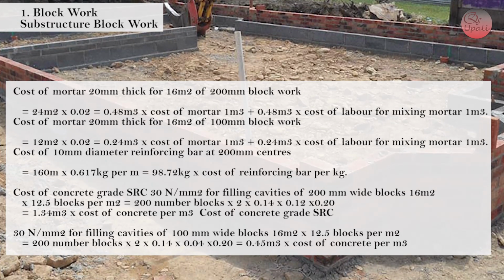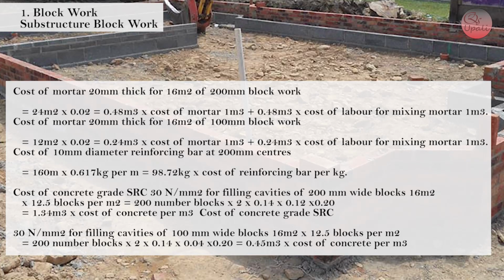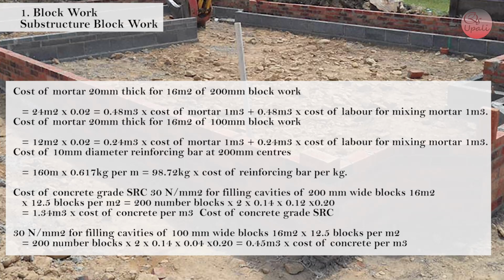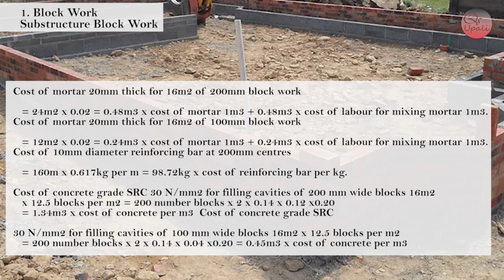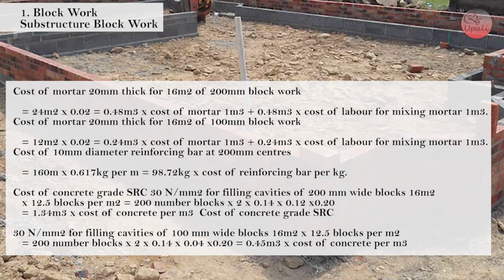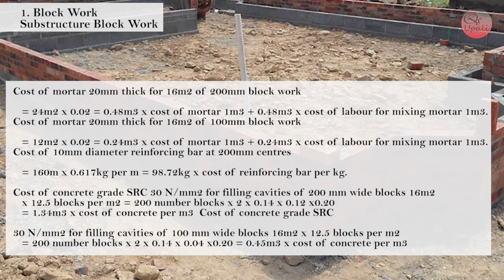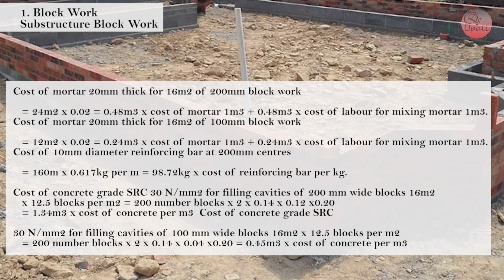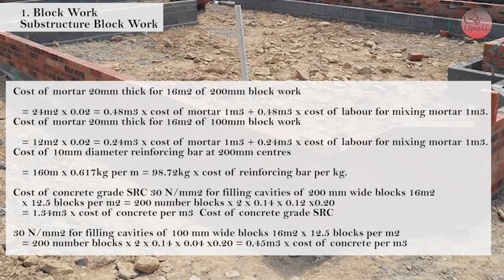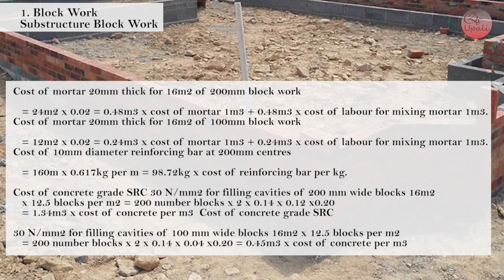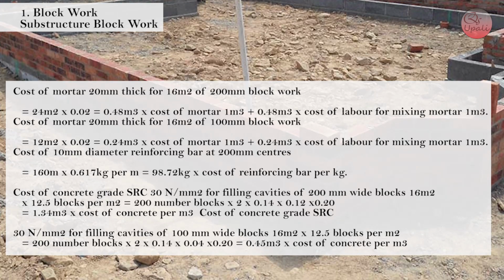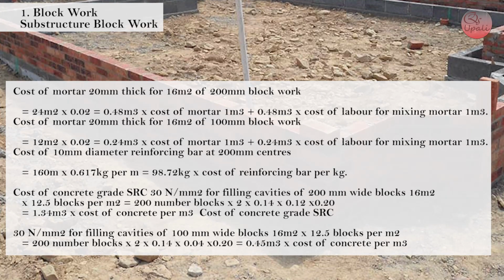Cost of concrete grade SRC 30 Newton per millimeter square for filling cavities of 100 mm wide blocks: 16 meter square into 12.5 blocks per meter square equals 200 number blocks into 2 into 0.14 into 0.04 into 0.2 equals 0.45 meter cube into cost of concrete per meter cube.